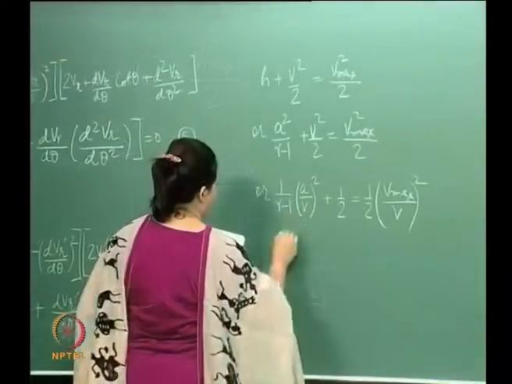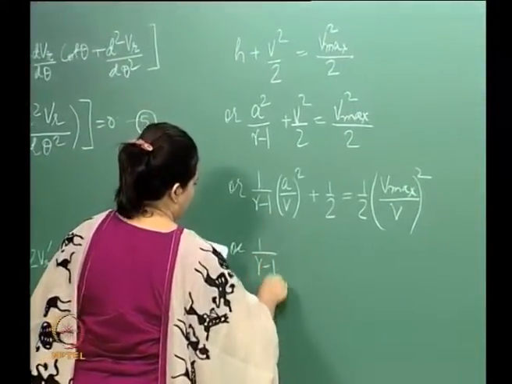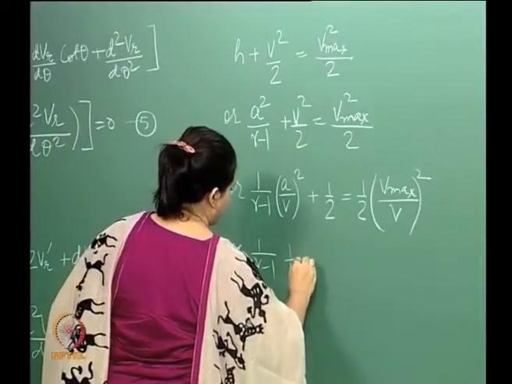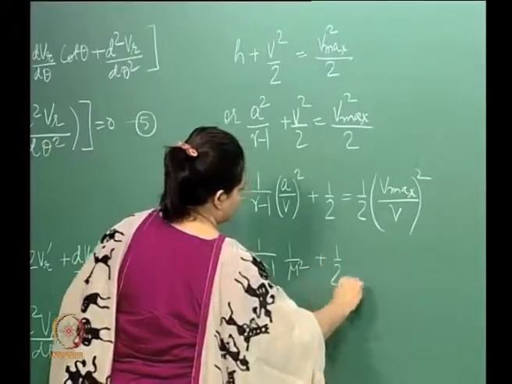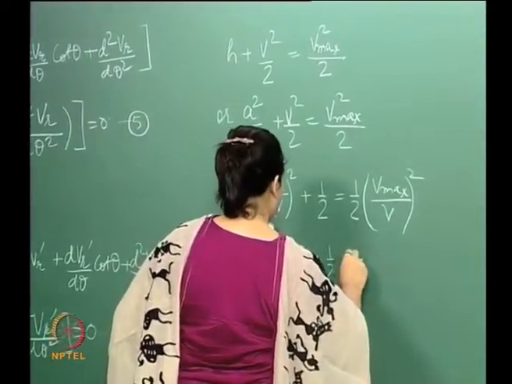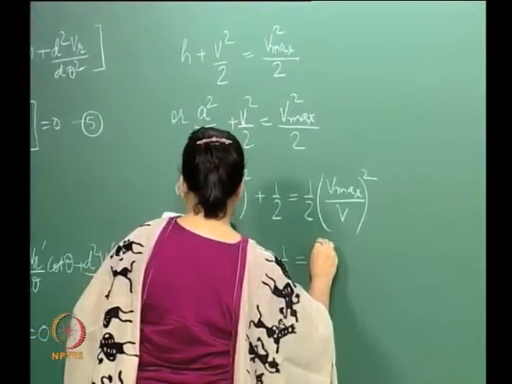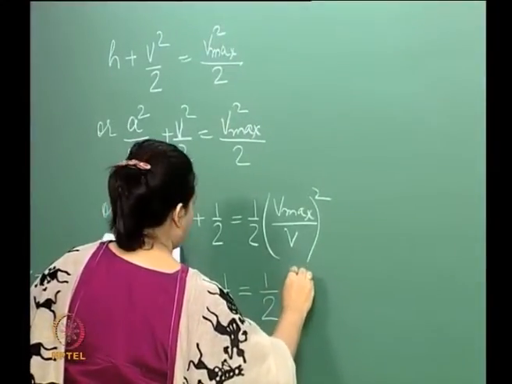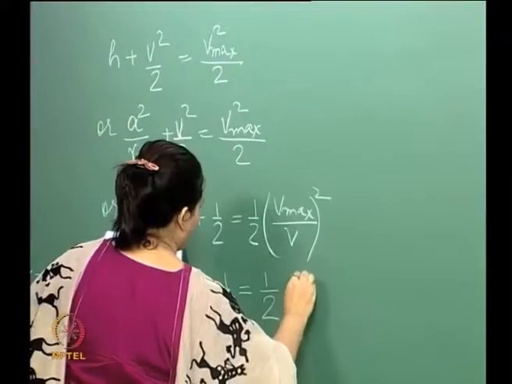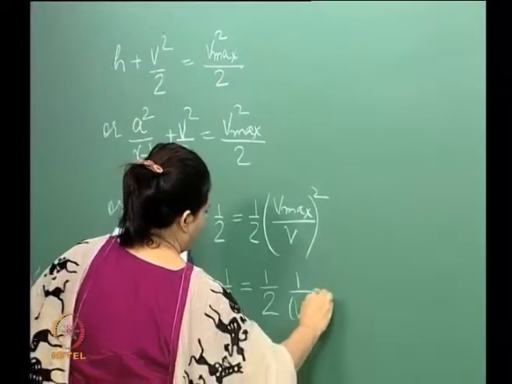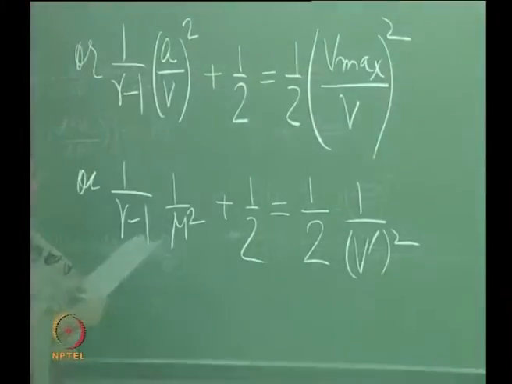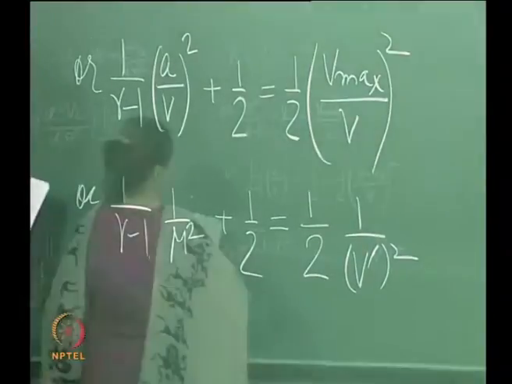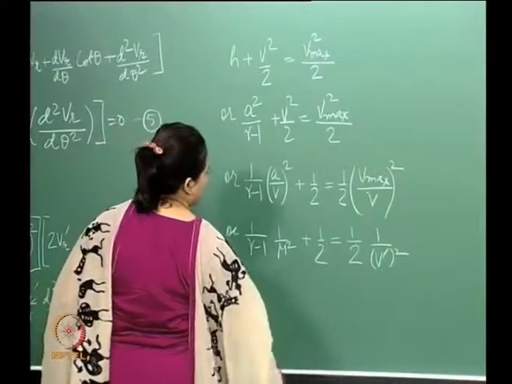Therefore, what we get over here is this, so this is the Mach number, right? Is that fine? We can also write this as 1 by v dash square. Now, from here, I will write it in terms of v dash.